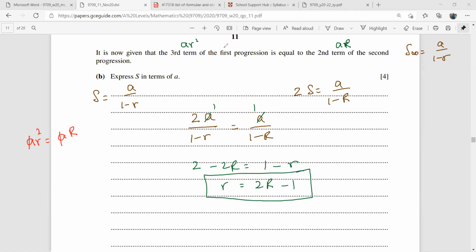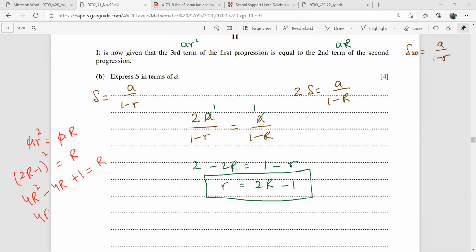And let's find this. Can I write instead of this capital R, let's write it as 2r minus 1 whole square equal to r. This is 4r square minus 4r plus 1, right? That is equal to r.